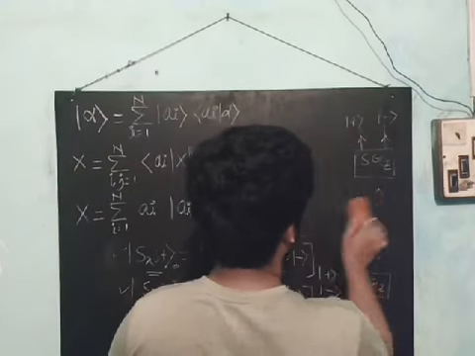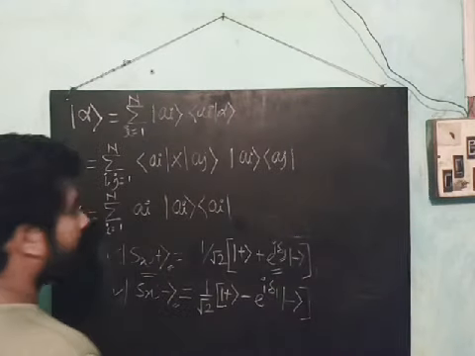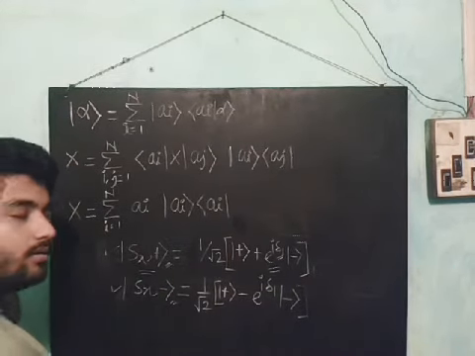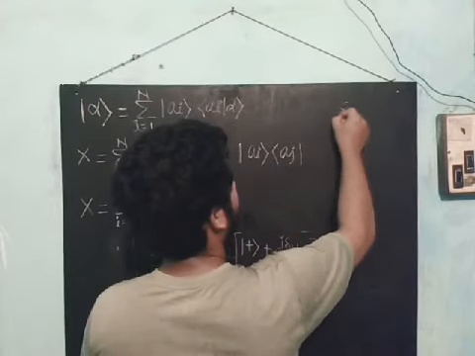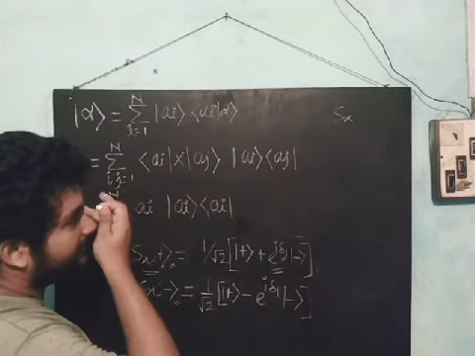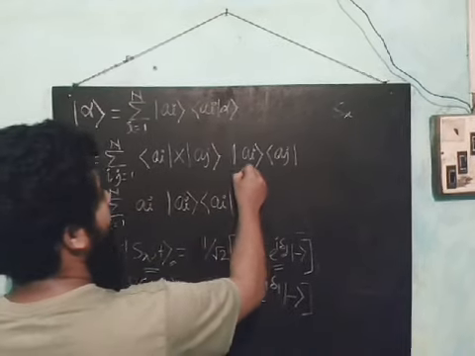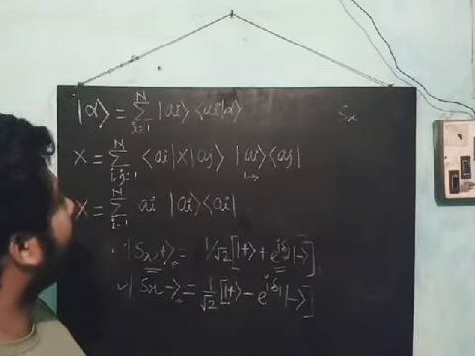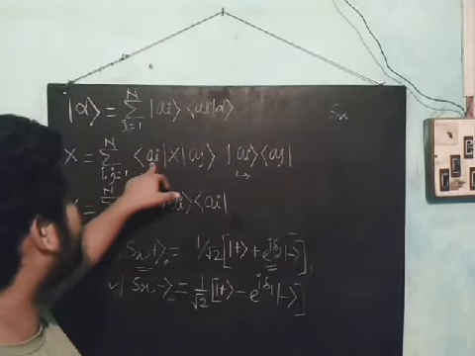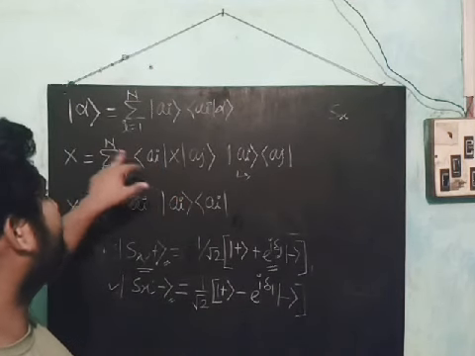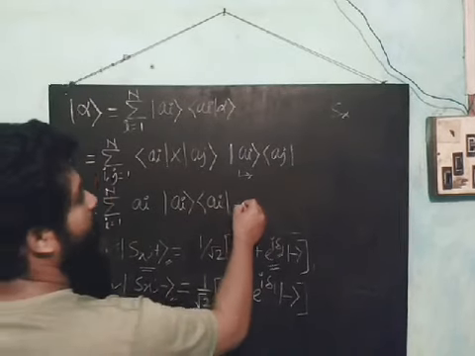Now what will be the formula for Sx, the operator? We can derive the equation for Sx with the help of this. When I choose the basis to be the eigenstates of the operator, I get this formula, right?